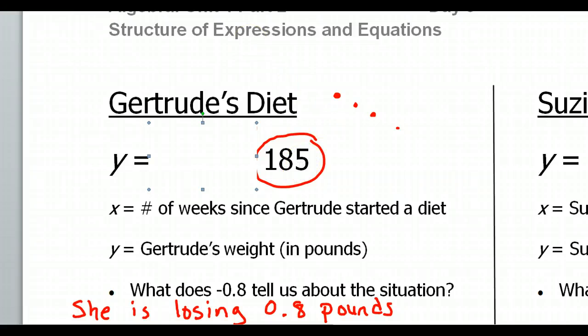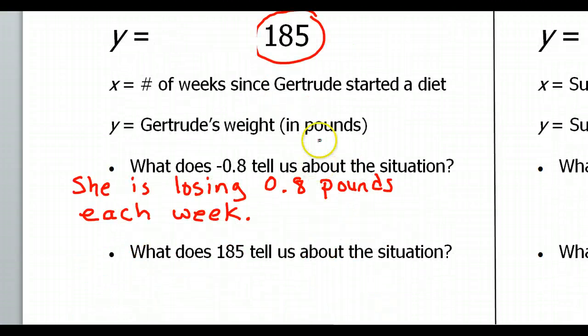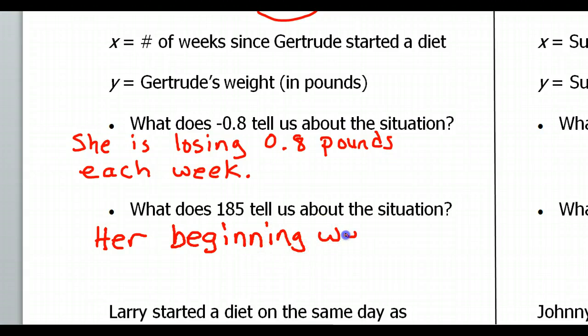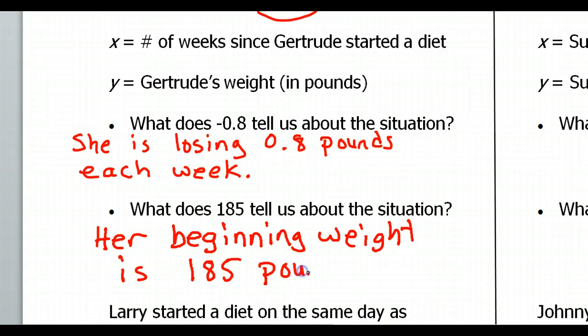So at week 0, all we really have is 185. That helps us know that right at the beginning, at week 0, she must have weighed 185 pounds to start off with. So what does the 185 tell us about the situation? Her beginning weight is 185 pounds.